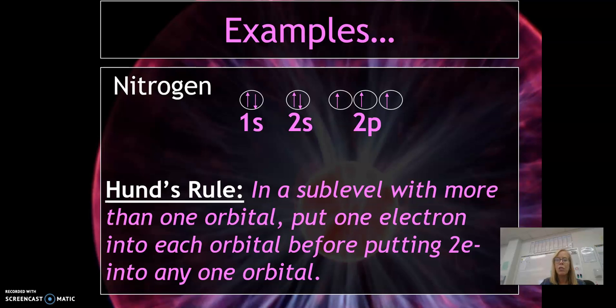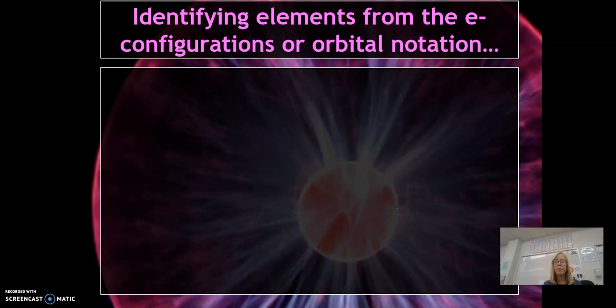The way I like to describe this is, let's say you have 2 brothers and sisters. You would rather have your own room before you pair up and have to share a room. So Hund's rule is the same idea: you put 1 electron into each orbital before putting the second electron into any one orbital.